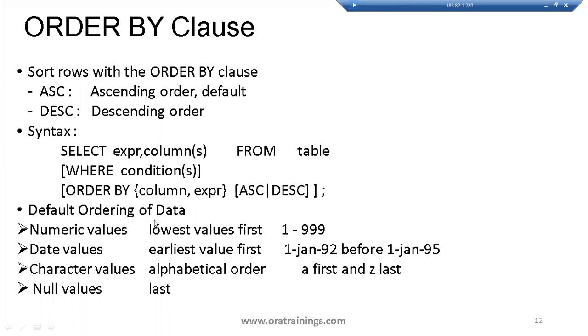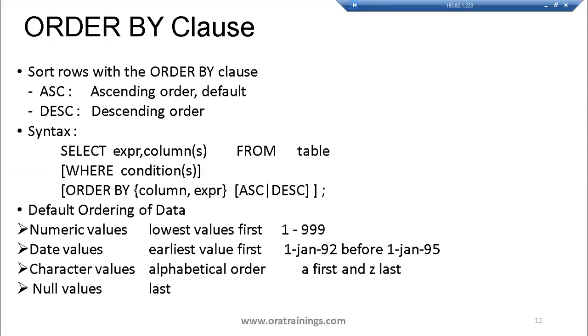And what is the default ordering of data? We don't know. By default, the Oracle engine extracts the data. If you don't mention the ORDER BY clause, how is it retrieved? We don't know. It may not be equivalent to how you inserted it, but generally you'll get the data based on the internal logic of the Oracle SQL query engine.